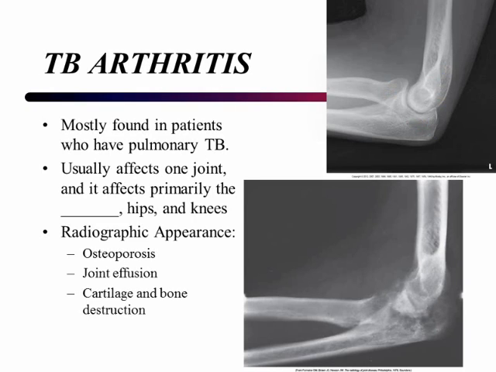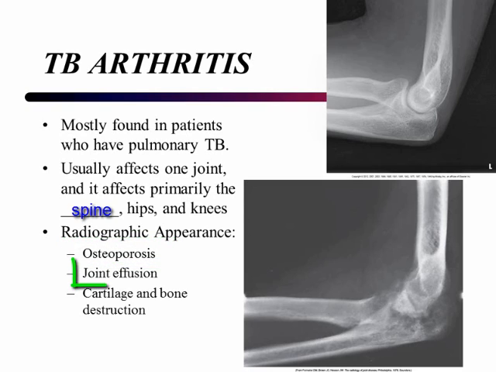TB arthritis is most commonly found in patients with pulmonary TB. It usually affects one joint and it affects primarily the spine, hips, and knees. An early radiographic feature of TB arthritis is extensive juxta-articular osteoporosis that precedes bone destruction.